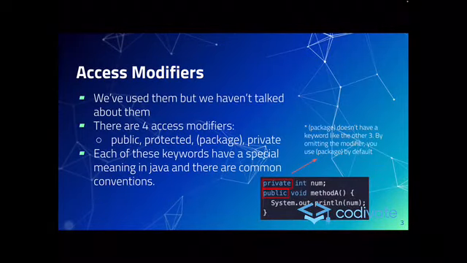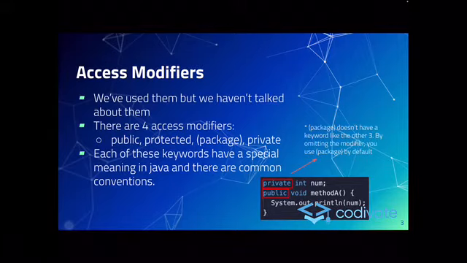First of all, what are access modifiers? You actually have already used these, but you didn't exactly know what you were doing when you were using them. So now we'll go over that. Remember that you would use private for instance variables in your class, and public for methods that you would want to call later.